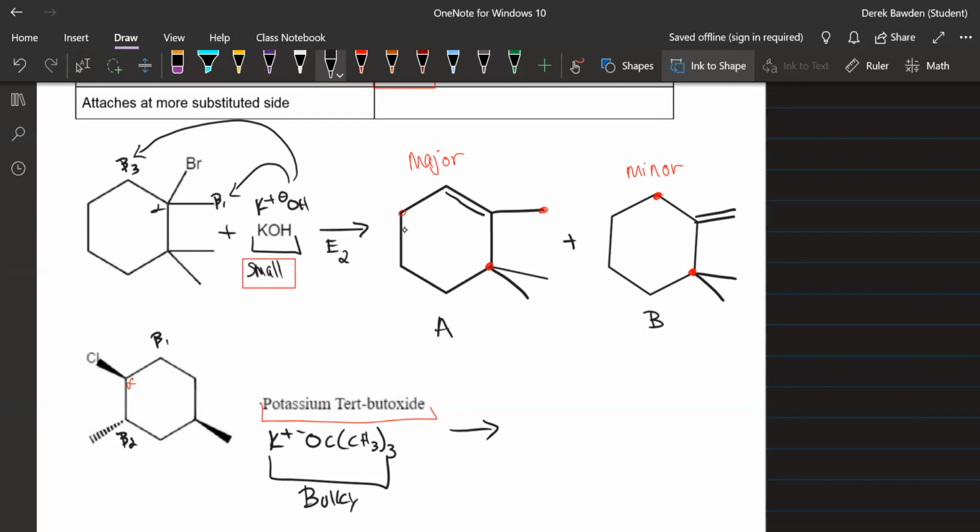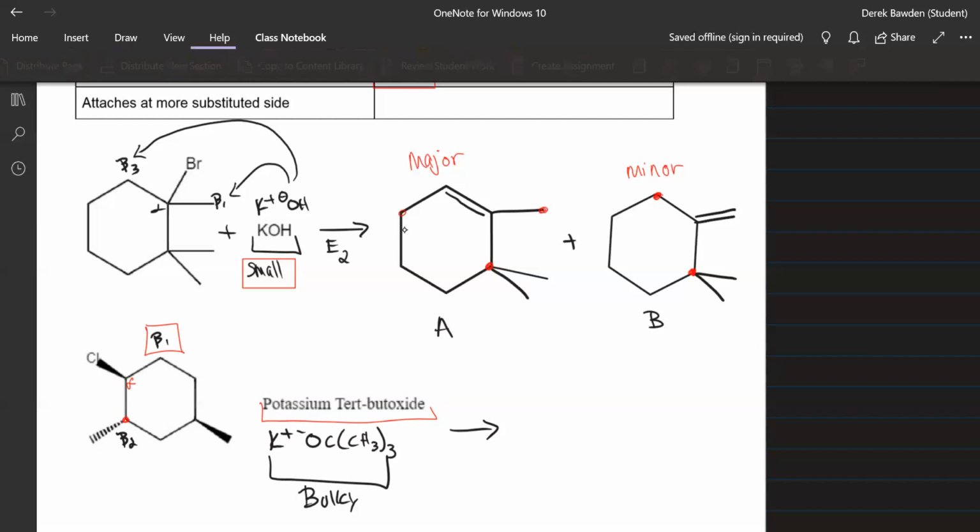Since it's Hoffman, I want to go less substituted. Yeah, it is beta 1. Perfect. Because beta 2, if we had a double bond right here, it would be tri-substituted. If we have a double bond right here, it's going to be di-substituted. So the chlorine will leave and that double bond will be di-substituted. You got that exactly right.